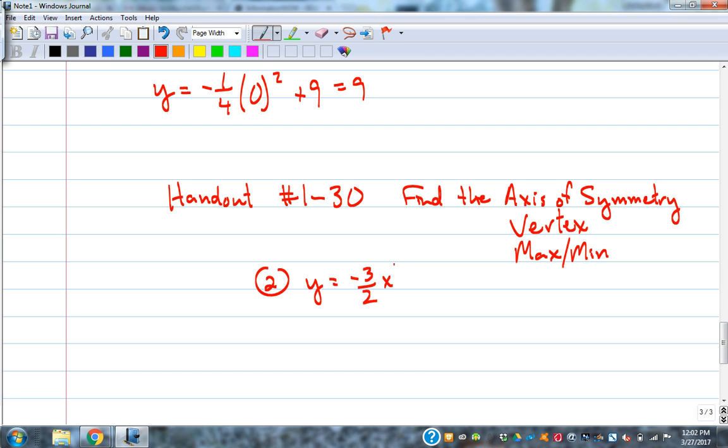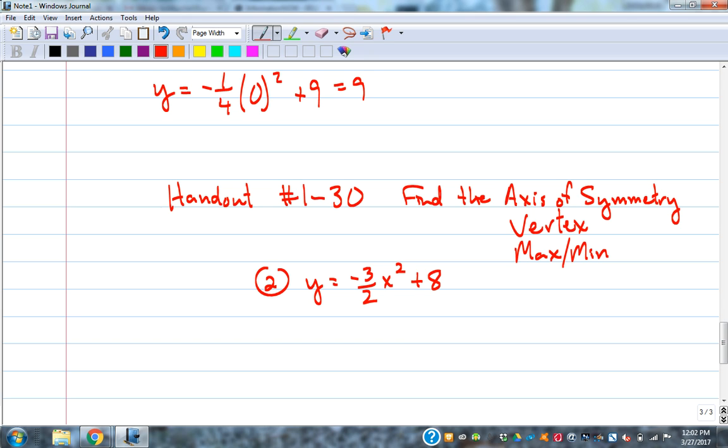I had one that, for whatever reason, I guess I wasn't paying attention when I typed these up, and I put the negative in the wrong spot, and my fraction got in front of that. So on number 2, you want to rewrite that problem to be that one right there. It's 30 problems, but it's just this on the 30 problems. It doesn't take that long. Some of them are the short ones like that last one. This is the stepping stone that we need to get to the next step. The vertex, like I said, is a very important point for this.